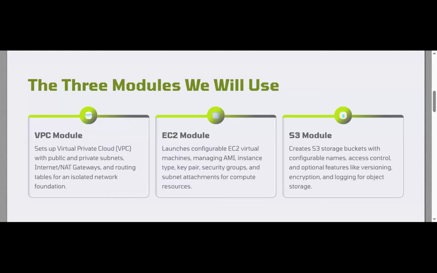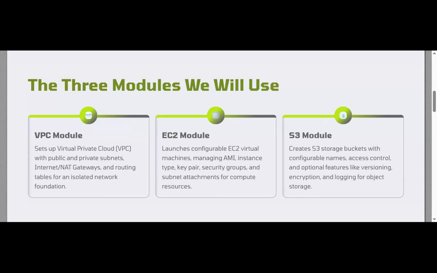Okay, but the thing is, if you take an EC2 instance, how many steps are there? Like main.tf, outputs.tf, variables.tf.